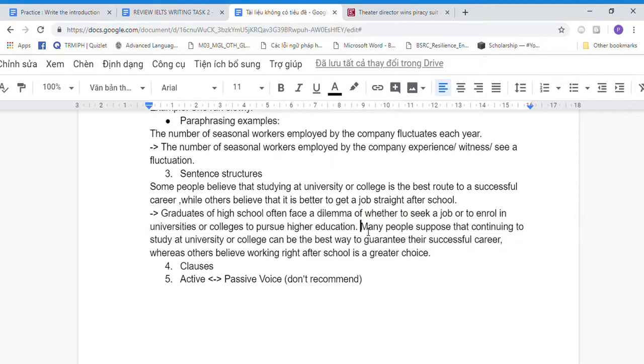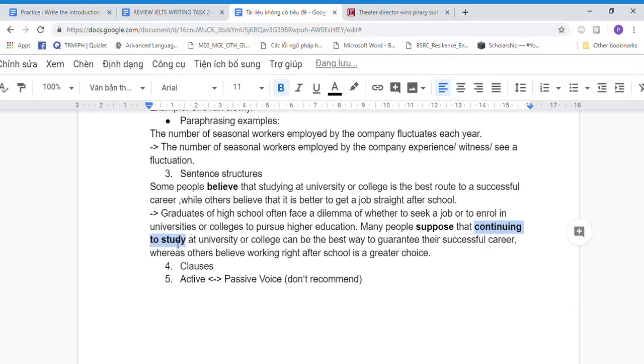So what I actually paraphrased in these was, I used the synonym suppose with believe, right? Studying at university or college is continuing to study at university or college. Just changing it a little bit. Is the best route, is the best way, just like I did before, to a successful career.